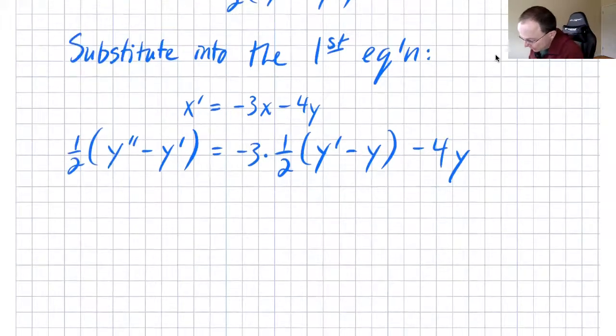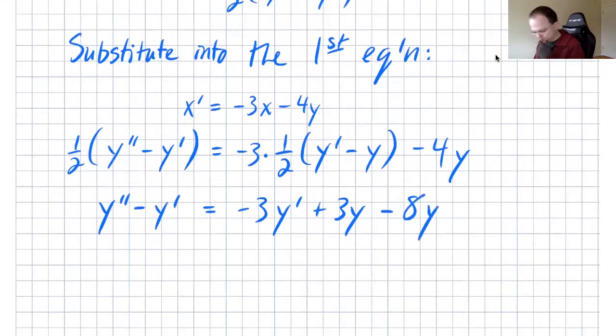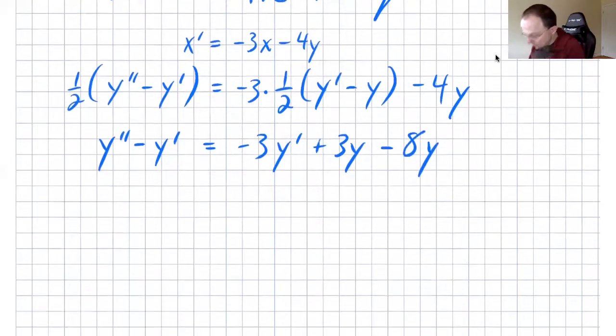And now we just need to simplify this differential equation. I'll multiply both sides by 2: negative 3y prime plus 3y. Almost made a mistake there. And then minus, I'm multiplying by 2, right? So 8y. Okay. All right.